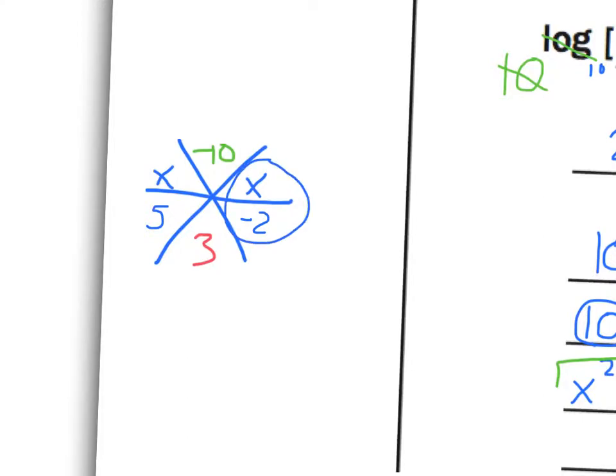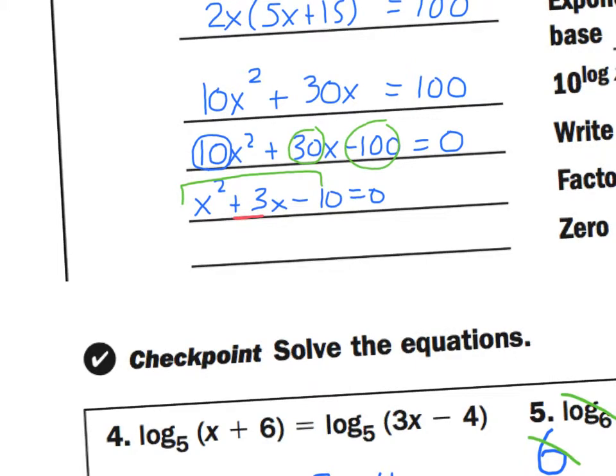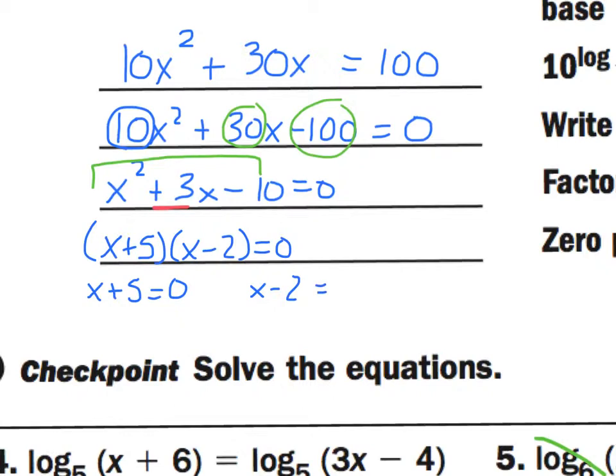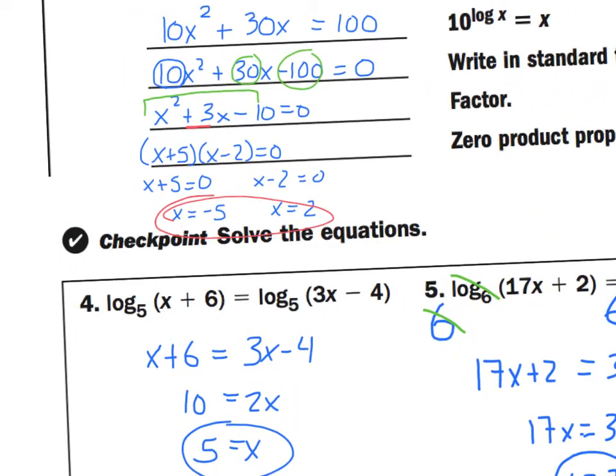So here's one factor, x minus 2, and here's one factor, x plus 5. Now, I kind of ran out of room here, I'm sorry. So that splits up into x plus 5 times x minus 2 equals 0. So I can split those up using the zero product property. So x plus 5 is 0, x minus 2 is 0. So x here gives me negative 5, and x here gives me positive 2. Now, in the end, because we're hasty, we say, hey, we're done, we're good to go.